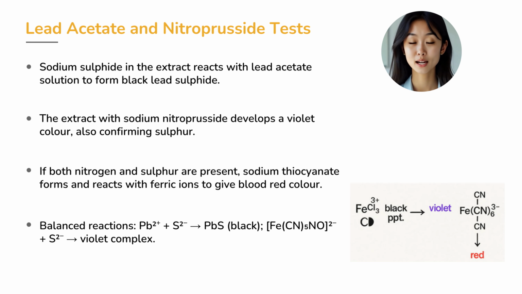This compound reacts with ferric ions to produce a blood red color. The key equations are sulfide ion plus lead 2 ion gives lead sulfide, black in color. Sulfide ion plus sodium nitroprusside gives a violet complex. These dramatic color changes make sulfur detection one of the most visual experiments in organic analysis.